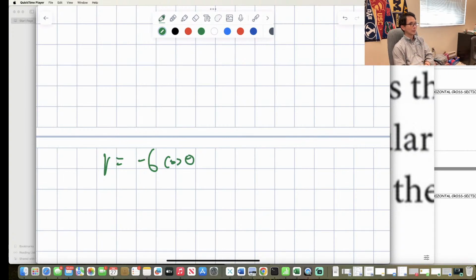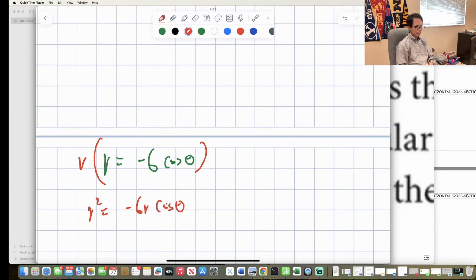How do you do that? Thank you, Devin. Good job. You're going to hit two birds with one stone: multiply both sides by r, so r squared equal to -6 r cosine theta. What's r cosine theta?